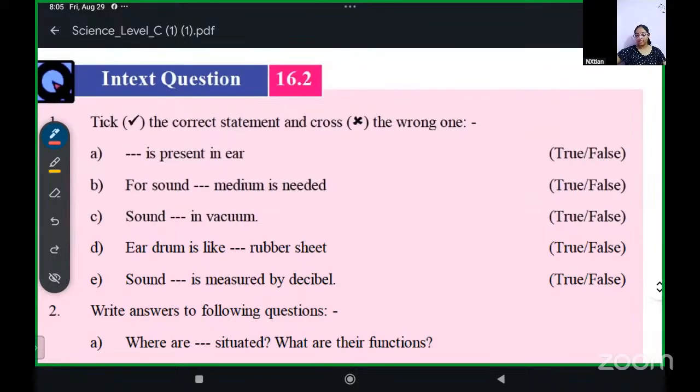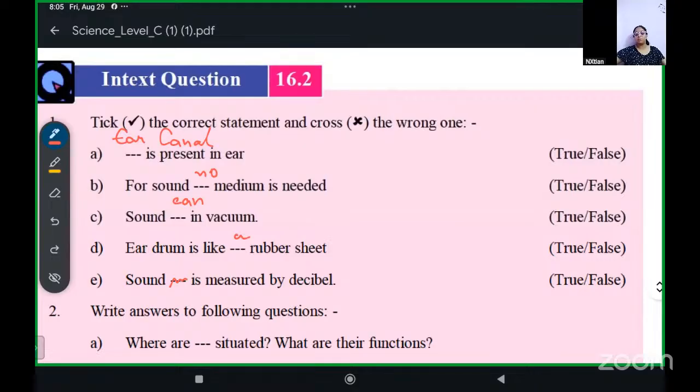So shall I put the answers in the blanks? Ma'am, you put the dashes, we do the true and the false. This dash is not there.